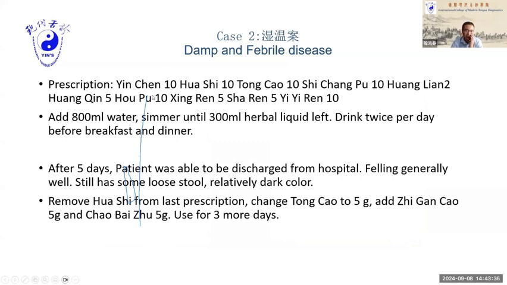This is the prescription I made for this lady: Yin Chen, Hua Shi, Tong Cao, Shi Changpu, Huang Lian, Huang Qin, Hou Po, Xing Er, Sha Er, Yi Er.